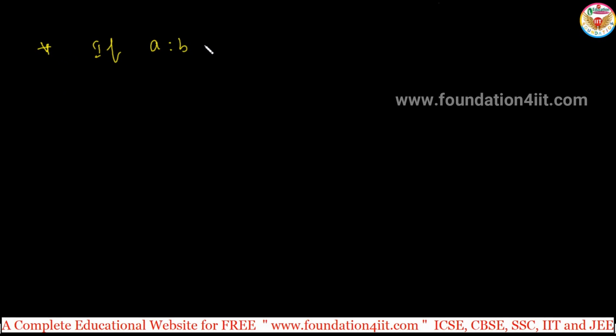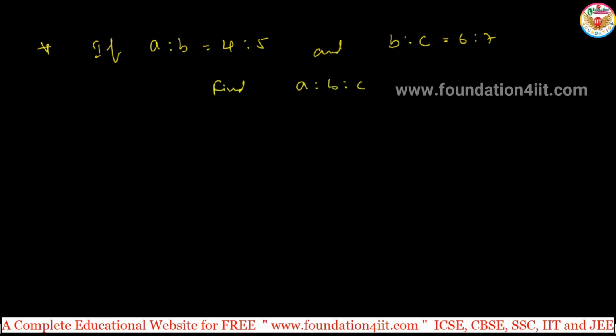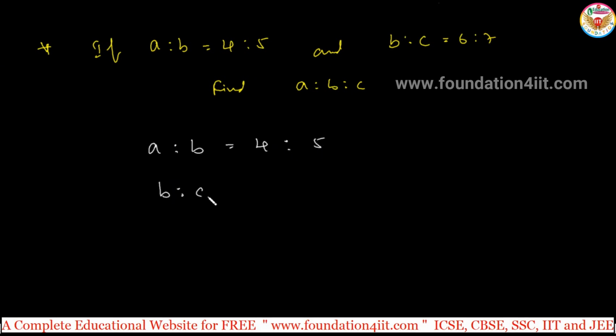Now with ratios, one problem. If A is to B is equal to 4 is to 5, and again B is to C is equal to 6 is to 7. The question is, find A is to B is to C. In this given data, A is to B is 4 is to 5, and B is to C is 6 is to 7.